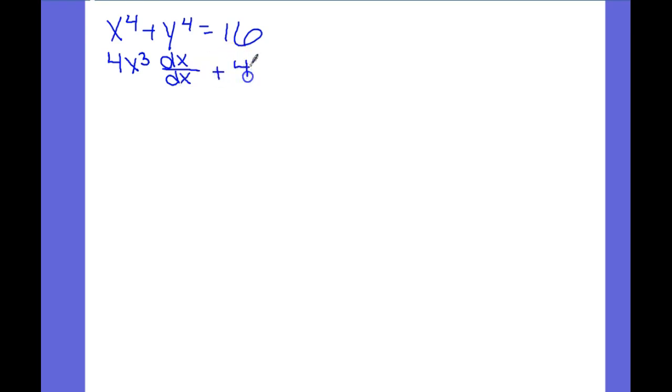Then we take the next term's derivative, which would be 4y cubed. But we're deriving y, so we have dy with respect to x. So we get dy/dx. The derivative of a constant is 0. Solve for dy/dx.